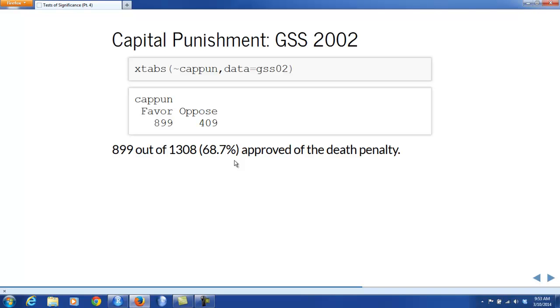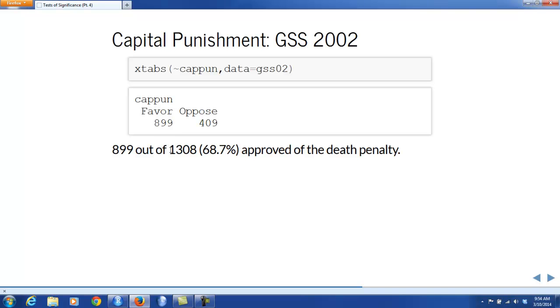In 2002, a lot of people were asked whether or not they approve of the death penalty, and the results were recorded in the variable kapun. That's a factor variable with two values, favor and oppose. If you run xtabs on kapun with this data frame, you find that of the people who responded to that question, 899 said that they favor the death penalty. 409 said they oppose.